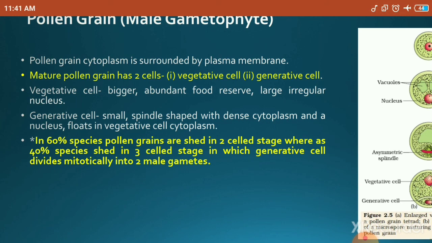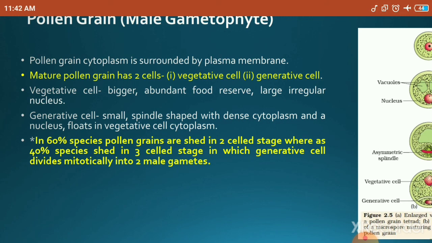But in 40% of the species, the generative cell divides again into two male gametes. So it results in the formation of three cells, the vegetative cell and the two male gametes. So in 40% of the species, when pollen grains are detached from the plant body, or released from the pollen chambers, they are in the three-celled stage.